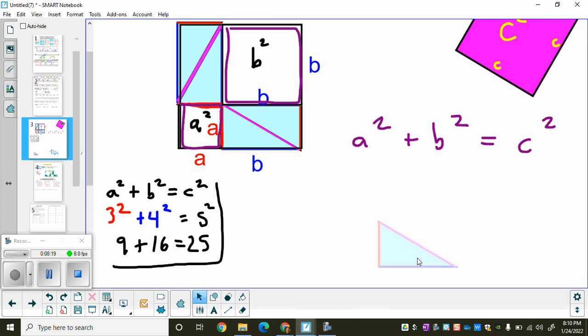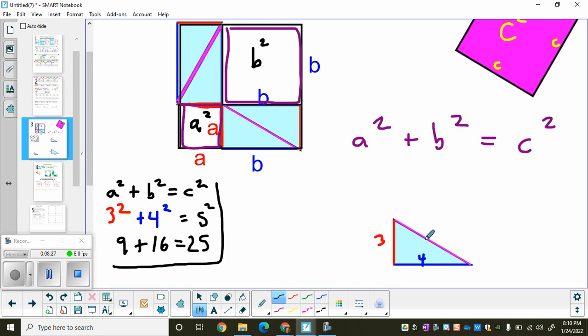Let me just get a right triangle again, and let's come back to these numbers here. We said that this one was a 3, this was a 4, and this was a 5. So the Pythagorean theorem, all it's saying, y'all, is off to the side, the 3 squared, that's this red guy right here, 3 squared would be 9. That's the red square right here, okay?